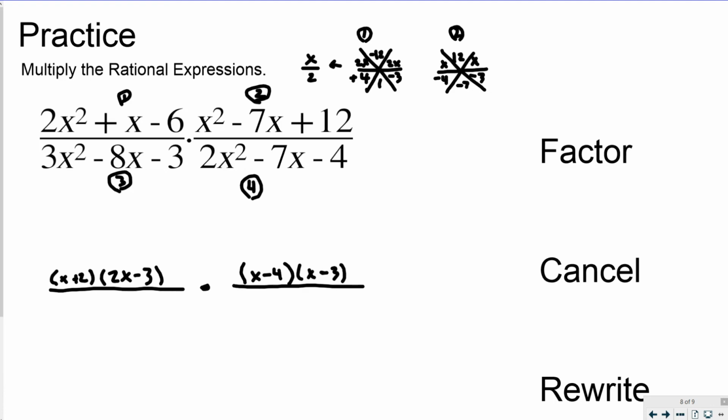And then we're going to do number 3. Factor number 3. 3 times negative 3 is negative 9. And then negative 8 goes down below. We're going to put a negative 3x here and a negative 3x here.